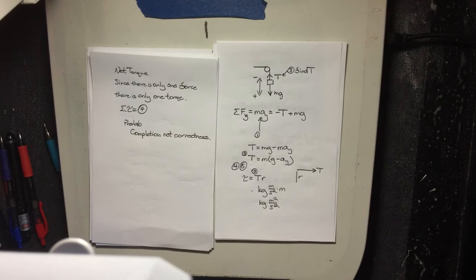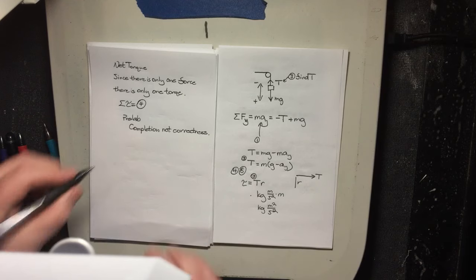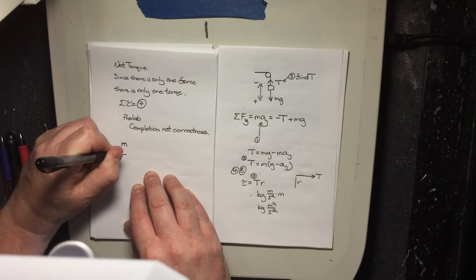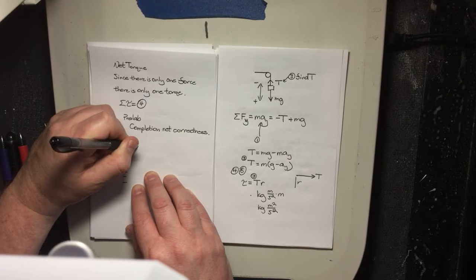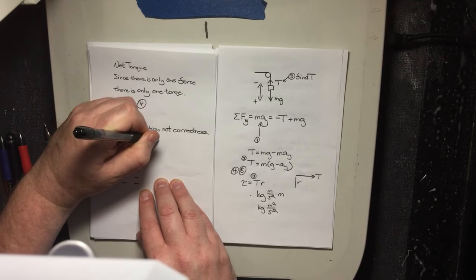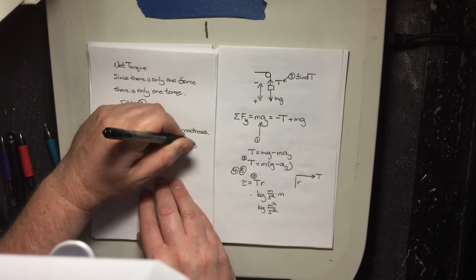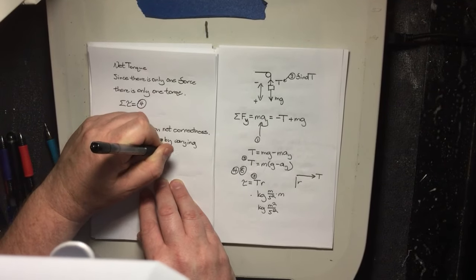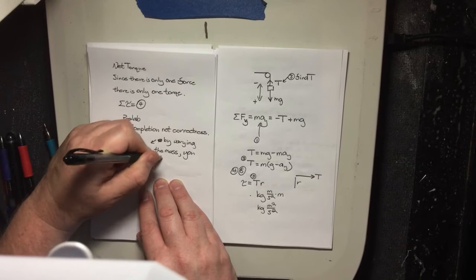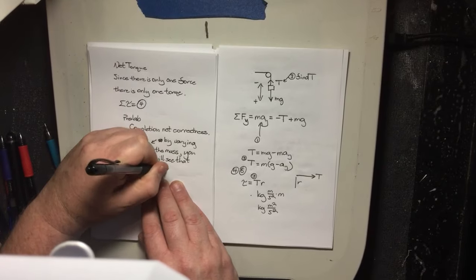So, what's going to happen is, by varying the mass, you will see that A changes.